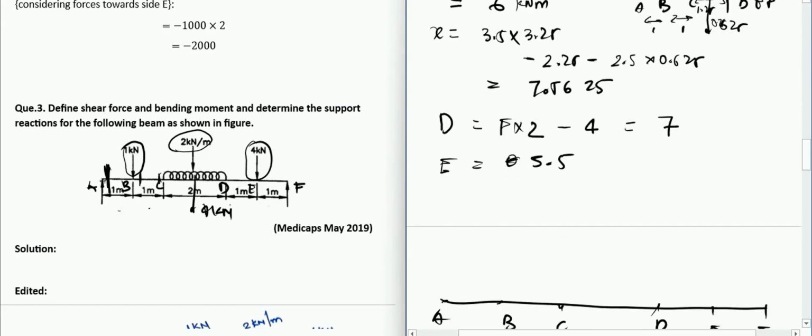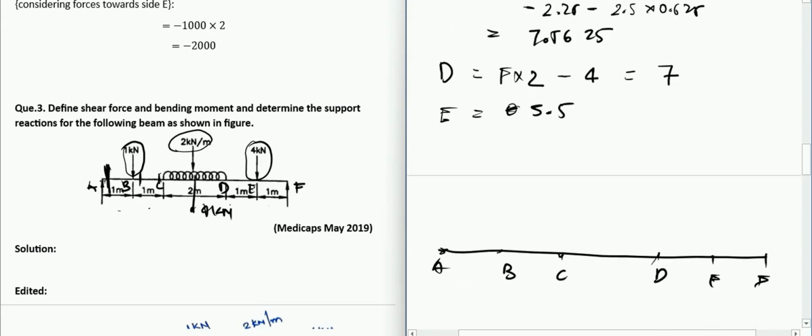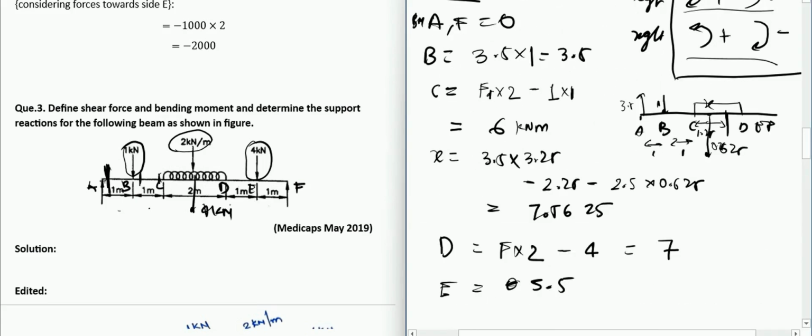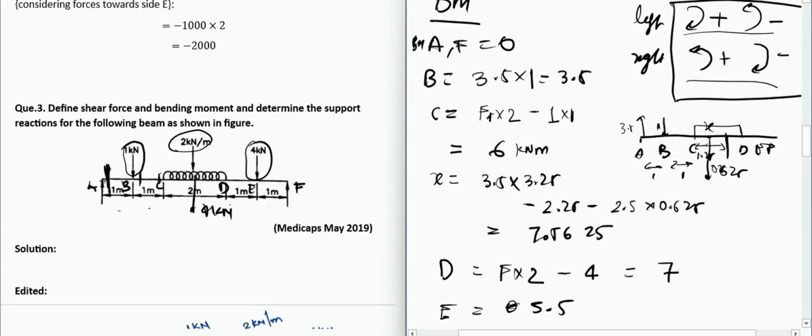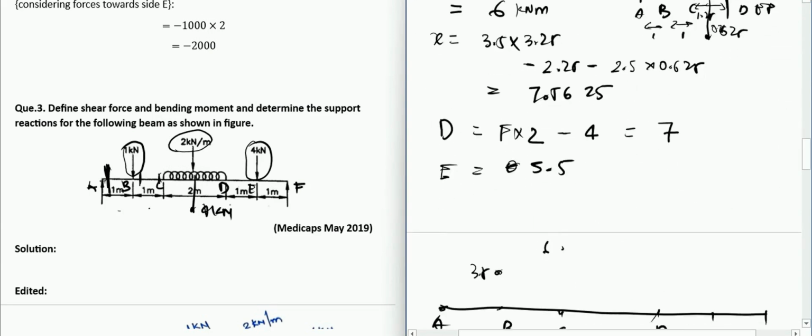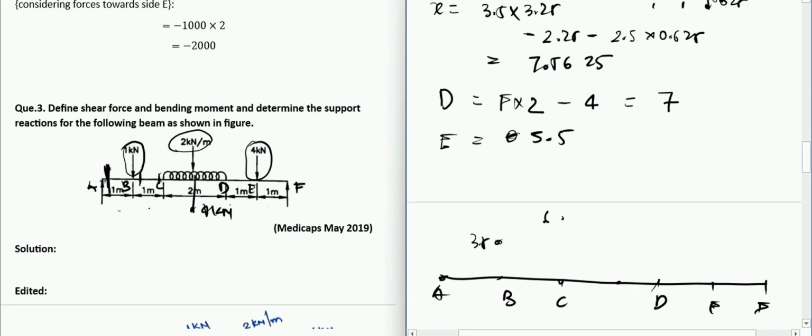At C you have 6. At X you have 7.5625, somewhere here, which is 1.25 from C. And at D we have 7. At E you have 5.5, and at F you have 0.